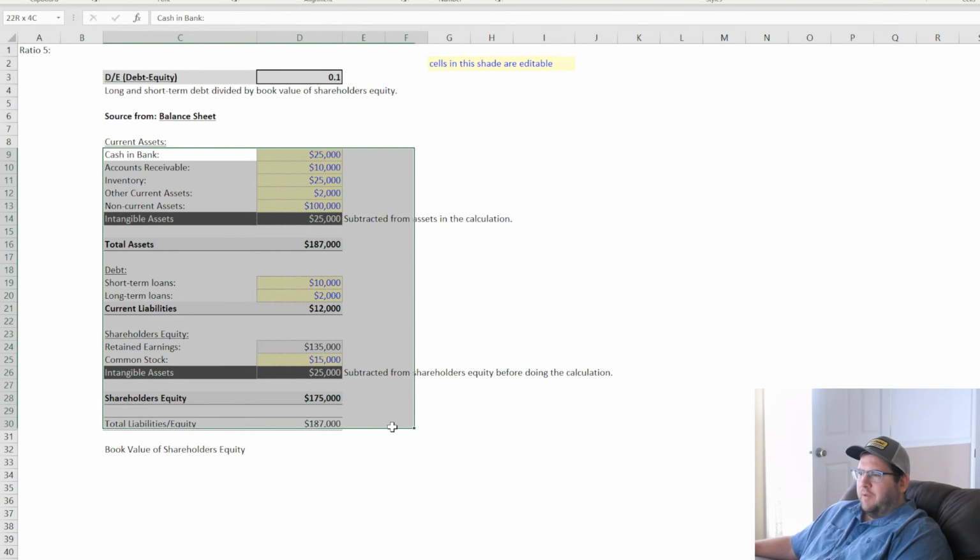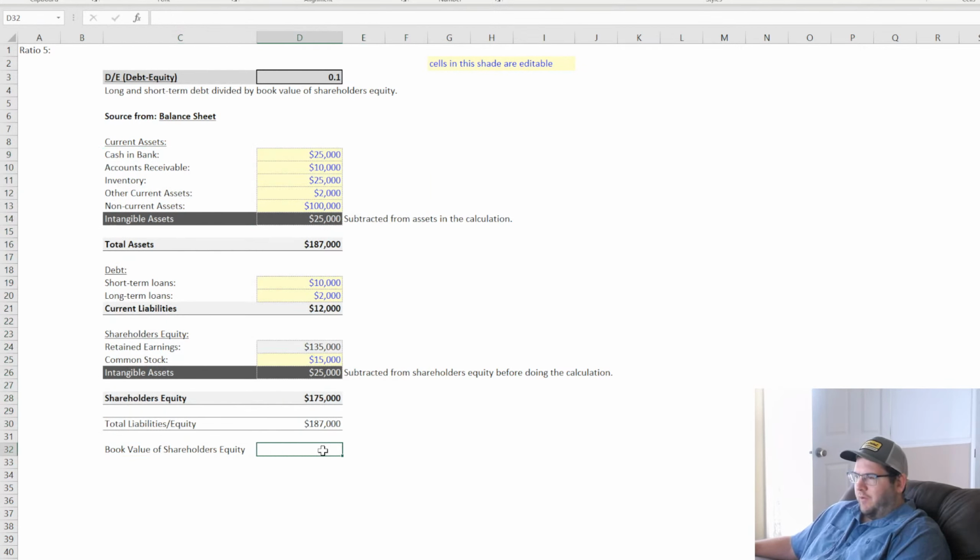So you can see the pieces that make this up. Book value of equity is going to be total assets minus intangible assets minus all of the liabilities.